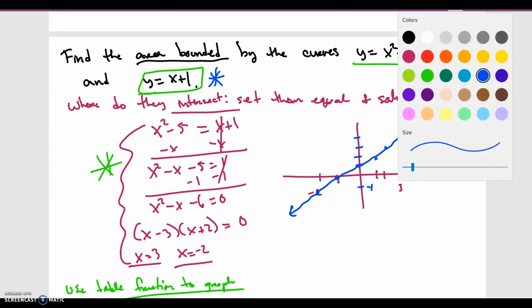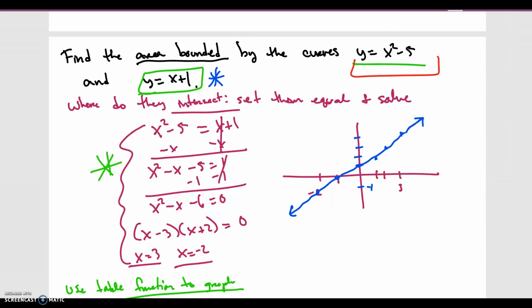Then my other one, let me call this one red. This is y equals x squared minus 5. This is a parabola going downward to -5 at the bottom, and then it goes upward.